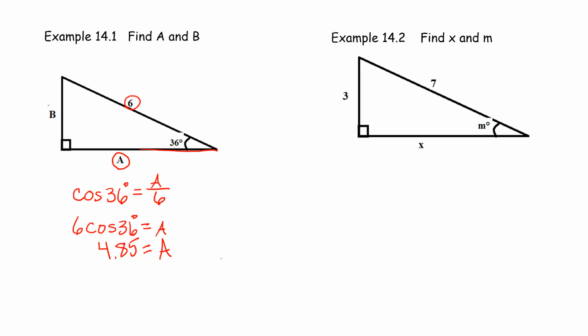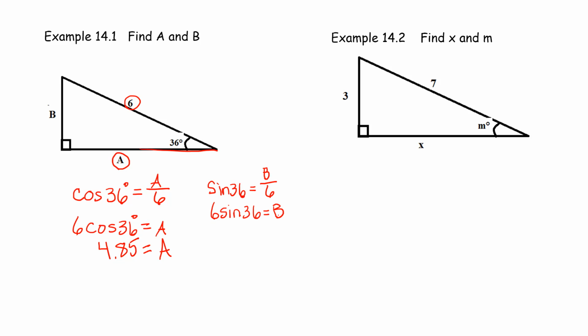So we don't want to use A to find B. We would rather just use sine because B is opposite to 36. So sine 36 is equal to opposite, which is B, over hypotenuse, which is 6. So we're going to multiply by 6 on both sides. 6 sine 36 is equal to B.